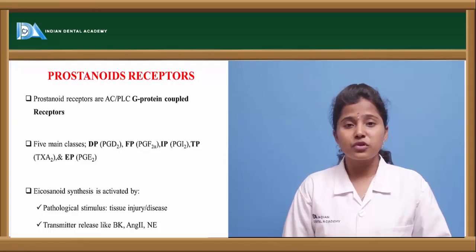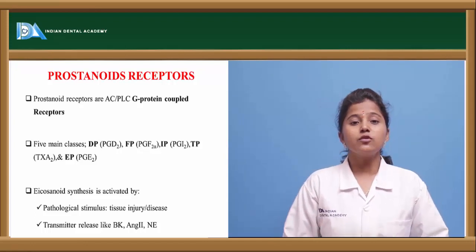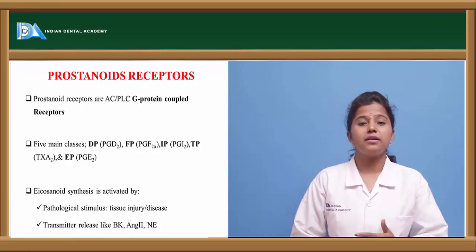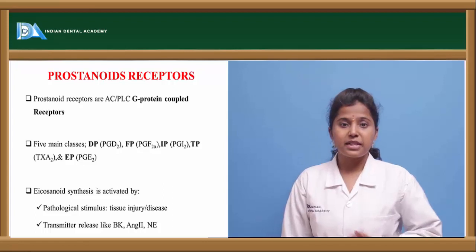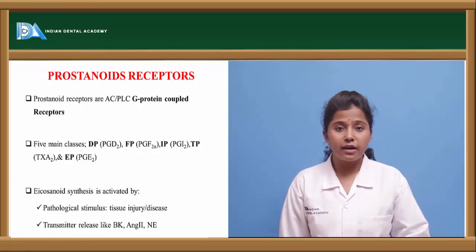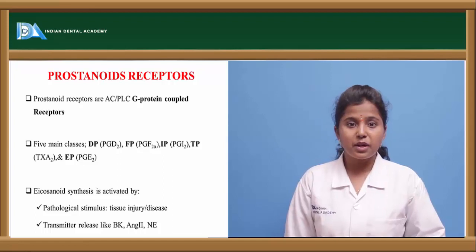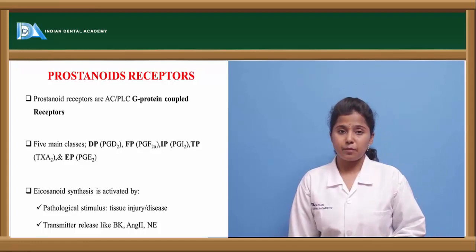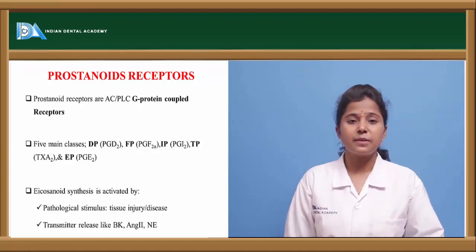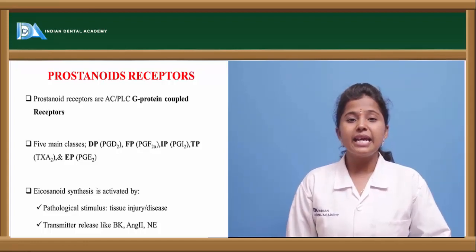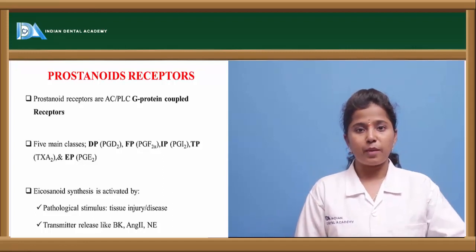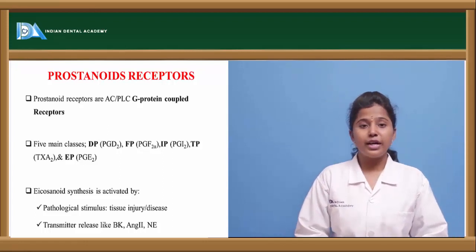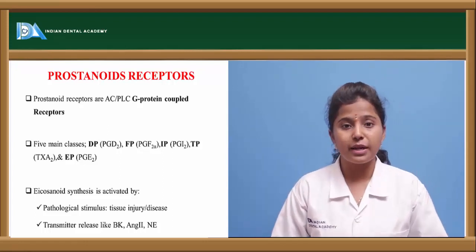And all these prostaglandins or prostanoids bind to a kind of receptor which is a GPCR, that is, G protein coupled receptor. There are mainly four types of receptors: nuclear receptors, ion channel receptors, kinase type receptors, and G protein type receptors. G protein type receptors mainly exert their action by two types of pathways, that is the cyclic AMP pathway and the inositol triphosphate pathway.